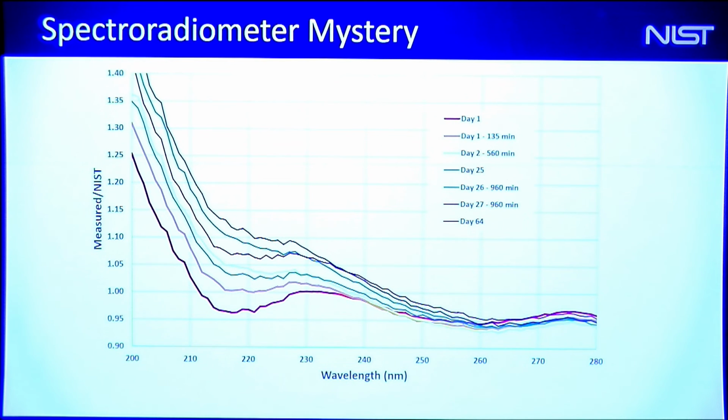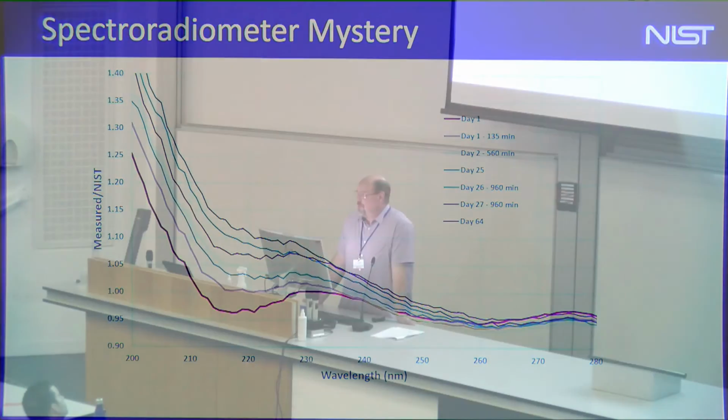The responsivity of this particular spectroradiometer changes on the order of 10 to 15% at 222 when it is exposed to 222 nanometer light. To let it relax takes like a month and a half. So this put me out of business. And I put one of these 222 nanometer lamps under my spectroradiometer for a while.